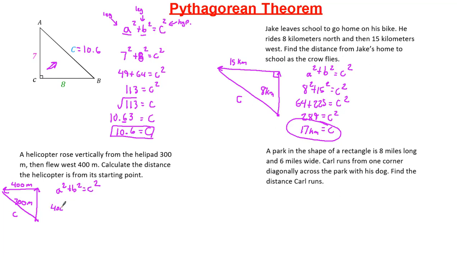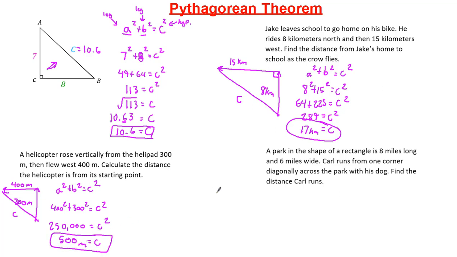We got 400 squared plus 300 squared is going to be equal to c squared. So 400 squared plus 300 squared is going to give me 250,000. Okay? So, if I take the square root of 250,000, I end up with 500. So, c is going to be equal to 500.